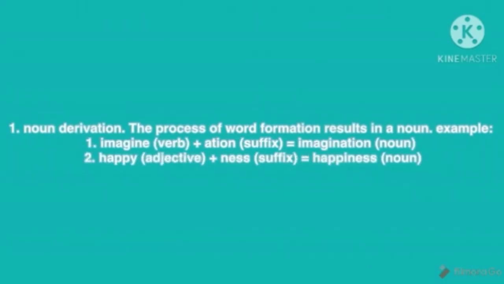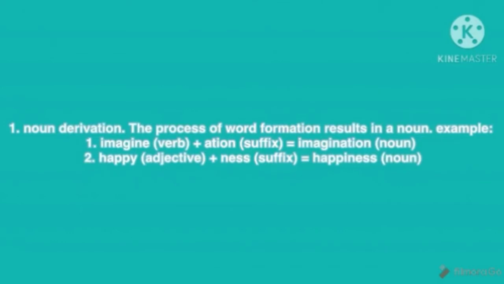Okay, let us discuss one by one the types of derivation. First type is noun derivation. Do you know what noun derivation is? Okay, I want to explain it. Noun derivation is a word formation process which will produce a noun.